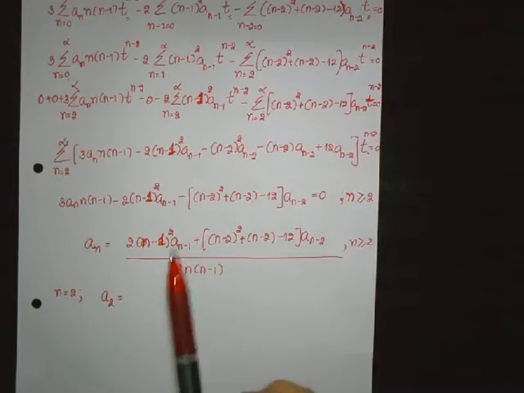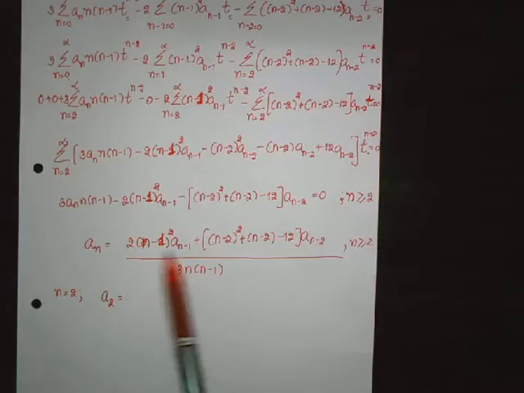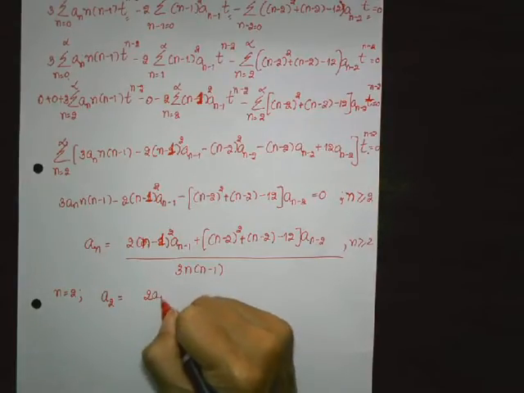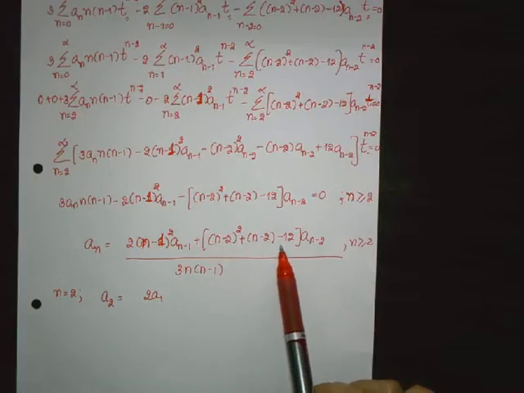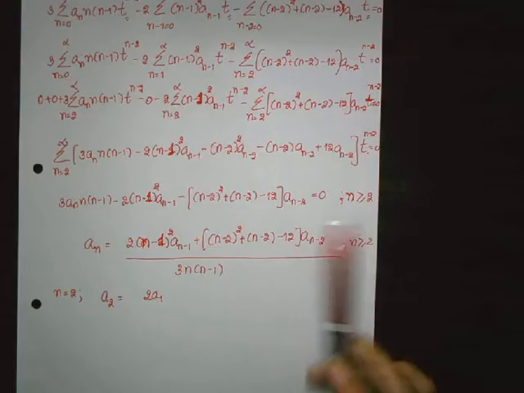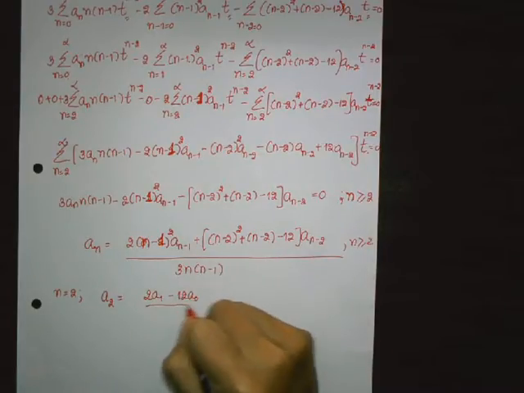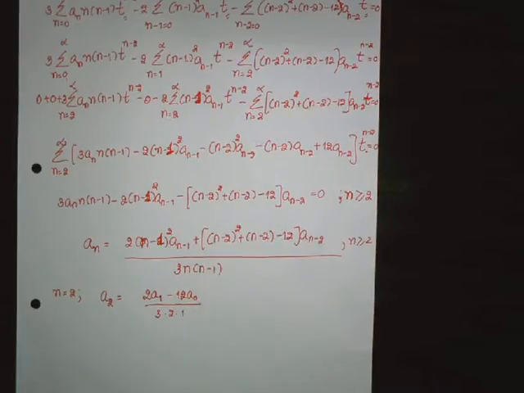Okay, when we plug n equal to 2 there, what would we get? 2a1, right? 2a1, n equal to 2, so we get minus 12a0 divided by 3 times 2 times 1. Put 6 there first.